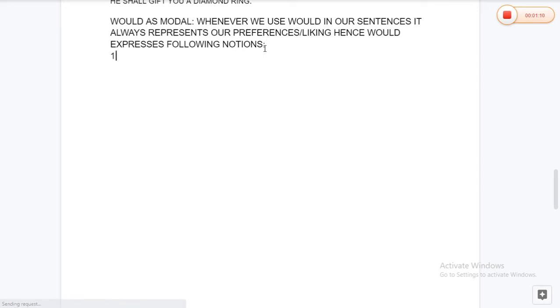First one is preference. Second one is polite request. Third one is imaginary condition.